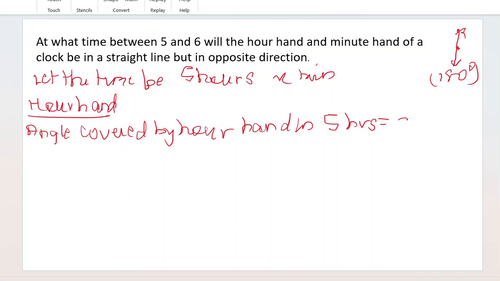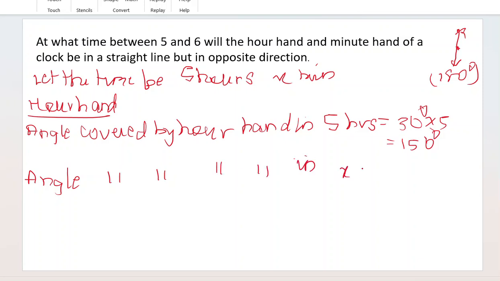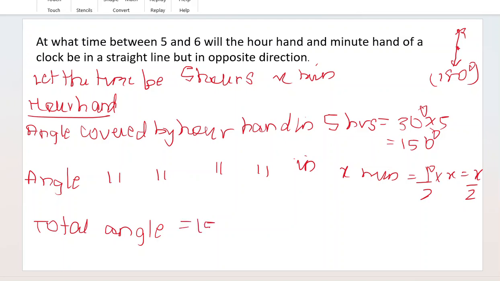So therefore I take 30 degree, multiply it by 5, I get 150 degree. I take again the angle covered by the hour hand in x minutes, and this I take as half into x, which is x by 2. Then I further take the total angle. Total angle will be 150 plus x by 2.